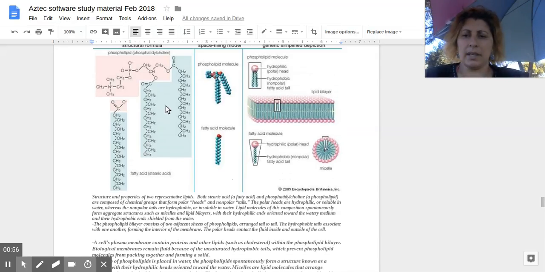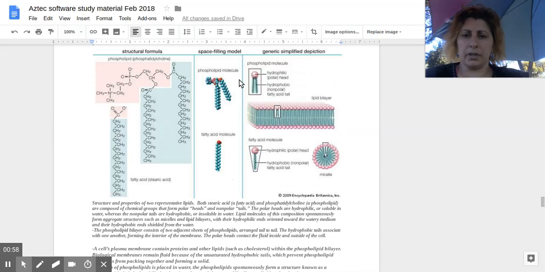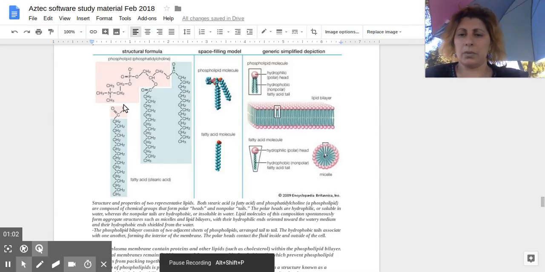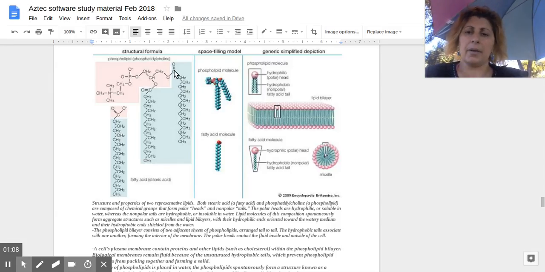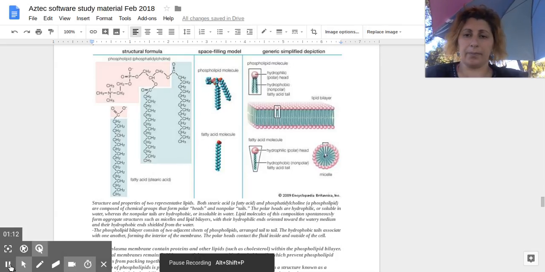One side of the molecule is polar, the side with the phosphate. The phosphate group and the alcohol group attached to it are polar, and the fatty acid tails are nonpolar.